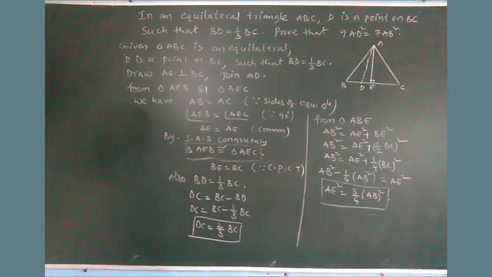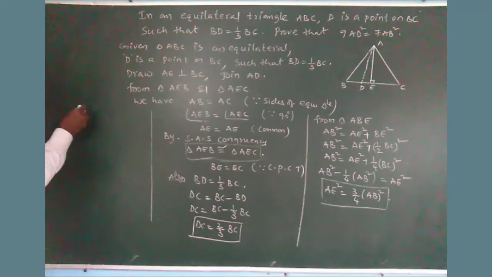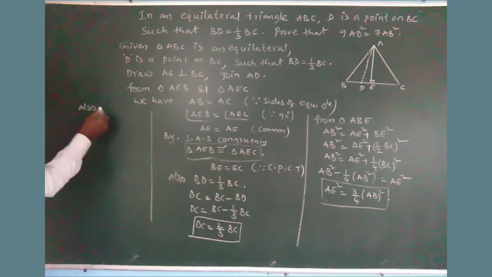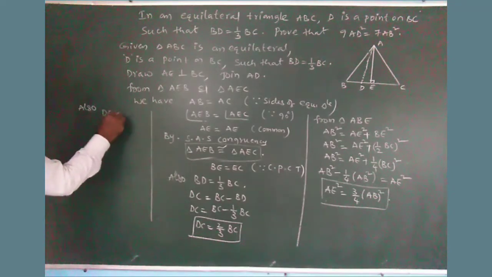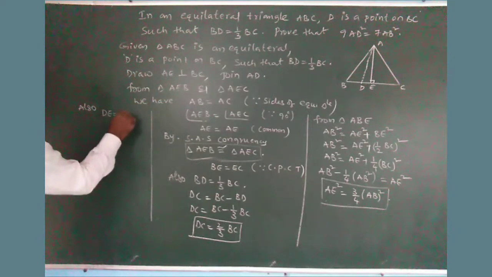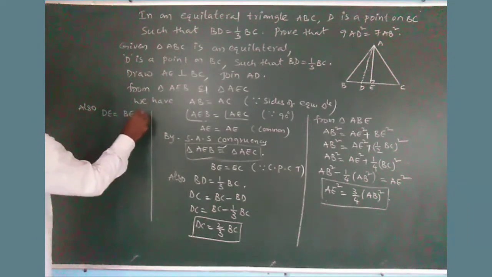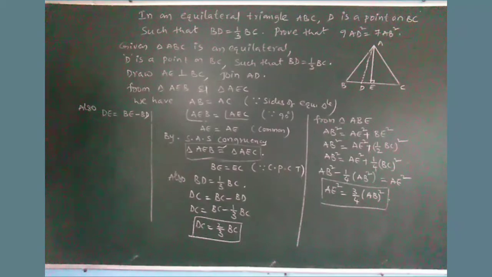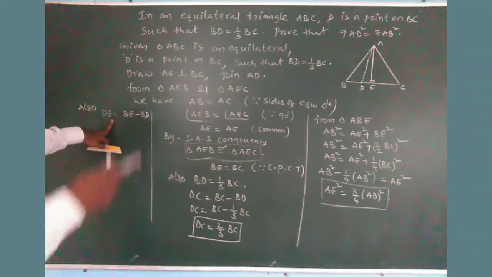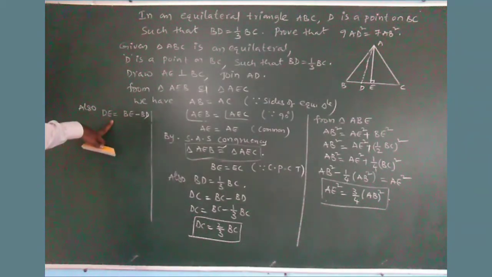And please see this. Also DE can be expressed as BE minus BD. DE is equal to BE minus BD.